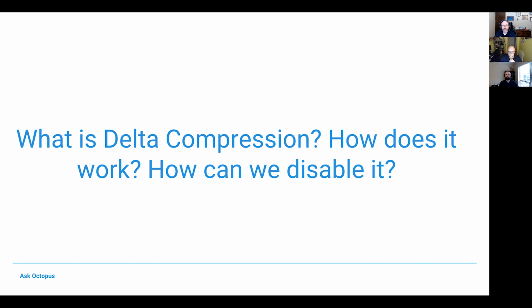Yeah, I remember when it was released because I was like, oh, that's handy because it's going to cut down the time of my releases. So yeah, I'll just talk about that for a second. What is delta compression? So basically what Octopus will do is if you're deploying a new package to one of your targets, if it's a supported target type, Octopus will say, oh, you've got this old version of the package already on the target.